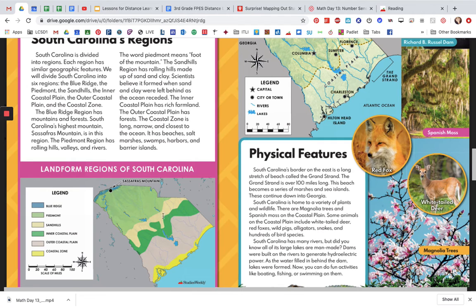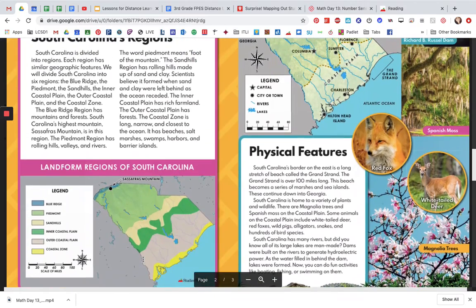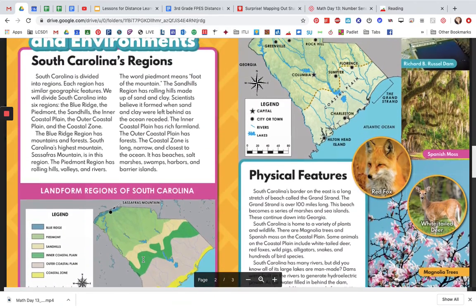The Intercoastal Plain has rich farmland. The Outer Coastal Plain has forests. And the coastal zone is long, narrow, and closest to the ocean. It has beaches, salt marshes, swamps, harbors, and barrier islands. All right, so now let's go back and answer those questions.